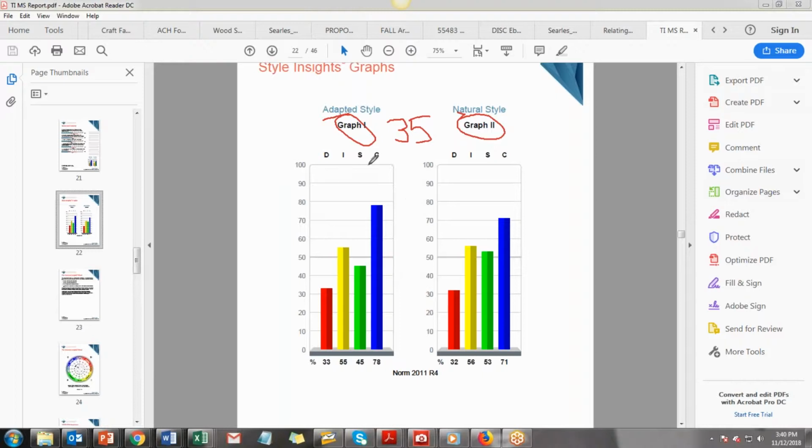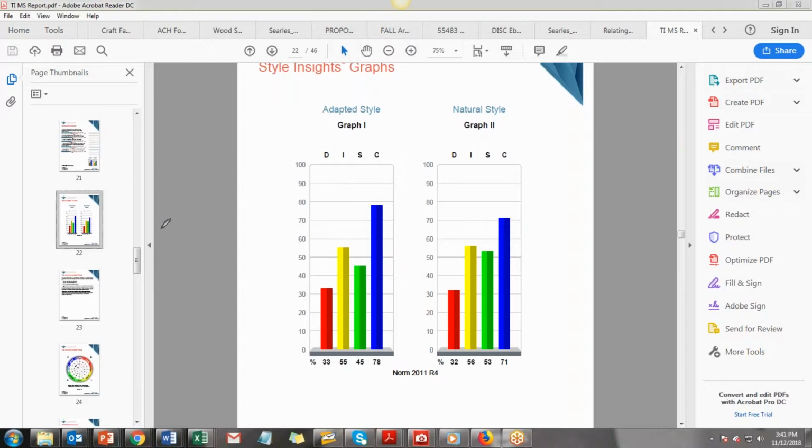And if there's a 35 difference between graph 2 and 1, then something is taking place in that environment you're working in. For hiring people, we only look at graph 2. Because the adaptive style is based on their former job or their current job, not the one at your current job or your current work environment.